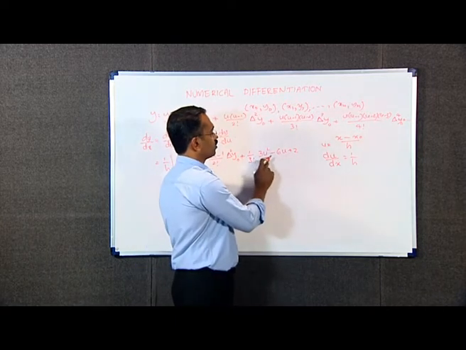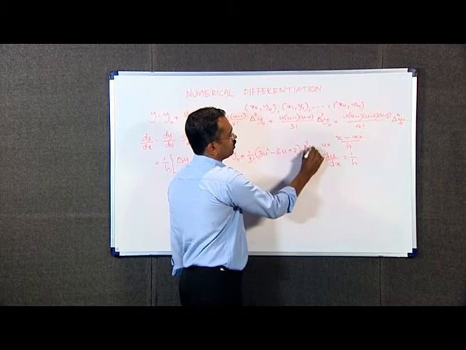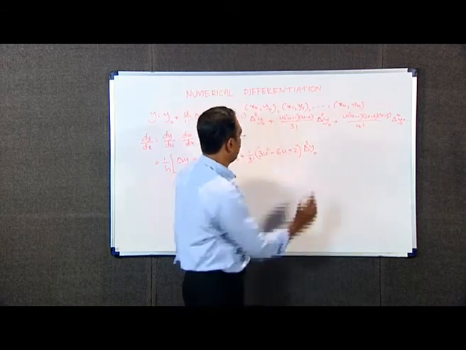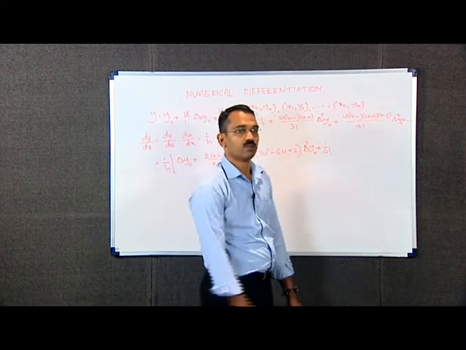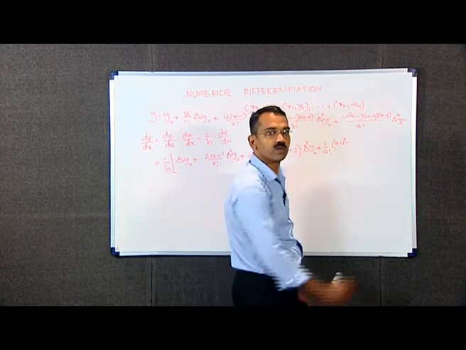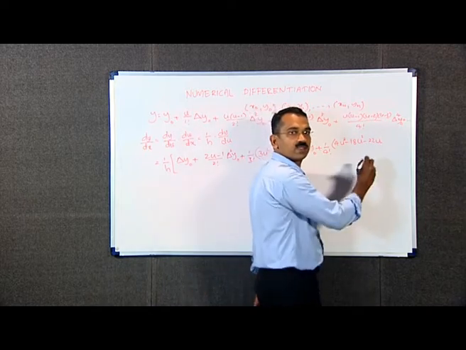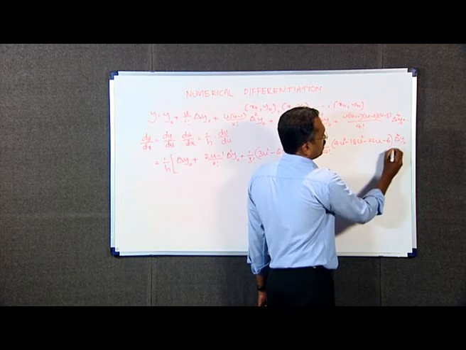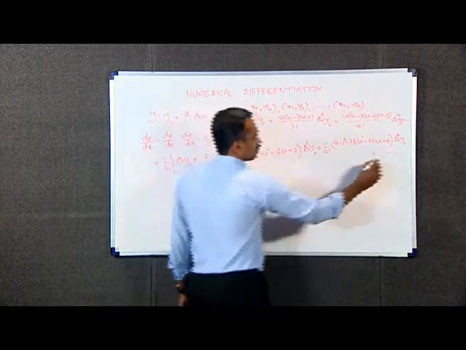We get 3u square minus 6u plus 2 divided by 3 factorial into delta cube y naught plus 1 by 4 factorial into, the derivative of this product is 4u cube minus 18u square plus 22u minus 6, into delta raised to 4 y naught plus etc. 1 by h is common, therefore we use the bracket.